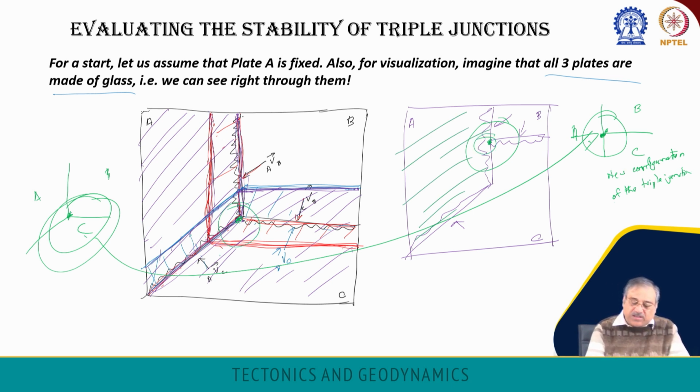This therefore obviously means that this triple junction was not stable. It was an unstable triple junction, and now it has evolved to a geometry which is actually very like the example that we looked at. So now it's got orthogonal boundaries like this with trenches here. So now this particular boundary would actually be a stable triple junction. So now it has evolved to a stable geometry. So it moved from here, and the triple junction has moved northwards with time.